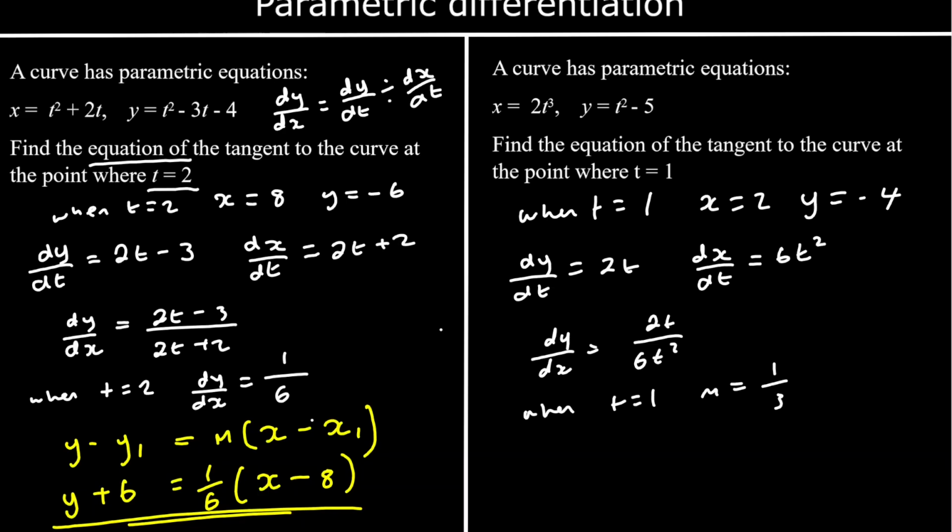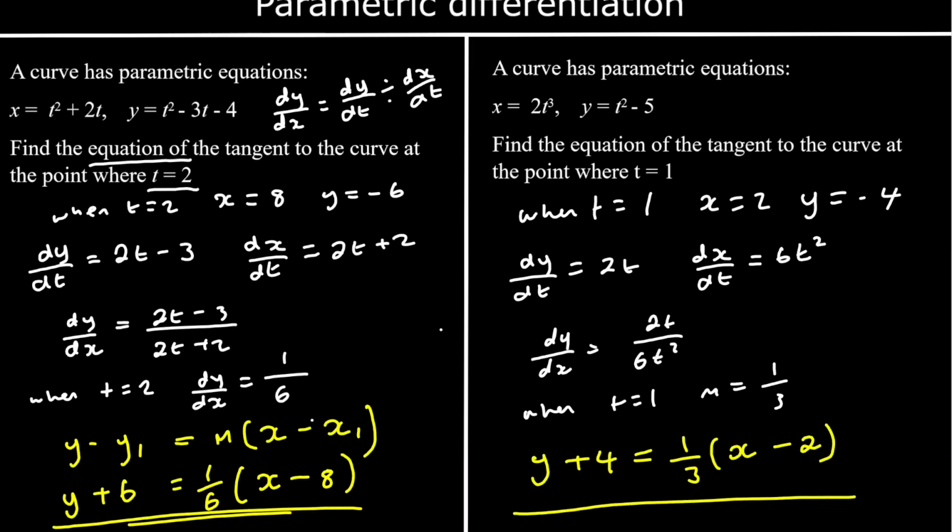So substitute into y minus y1. So y plus 4 equals m times x minus x1. So y plus 4 equals 1/3 times x minus 2. And again, we could rearrange that to put it in a different form, but we don't have to. I'll leave it as it is.